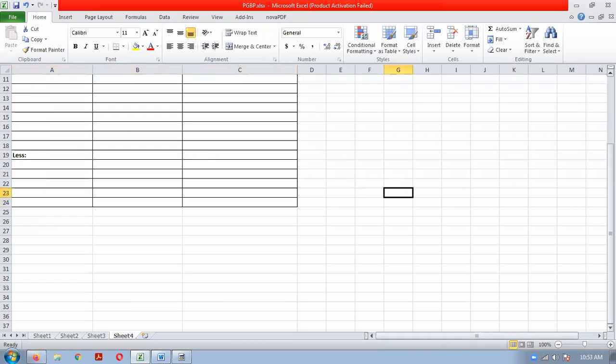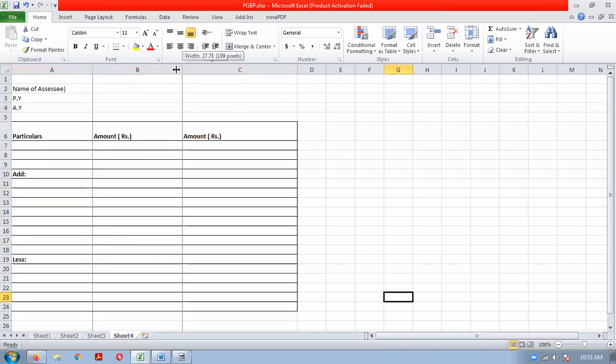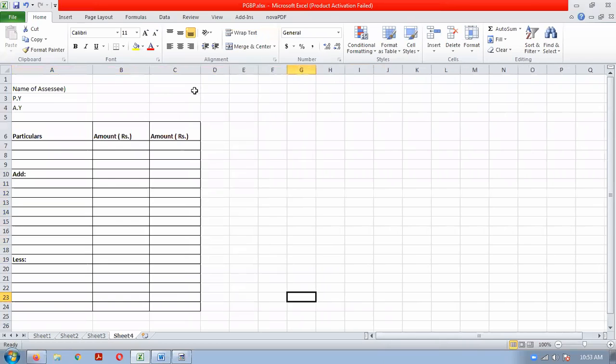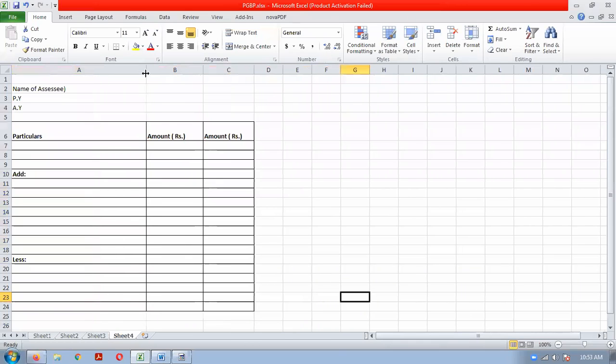Okay, so before starting, everybody make the format and keep ready with you so that we can start solving it. Name of the assessee, previous year, assessment year, particulars, amount. Okay, so keep the format ready in your notebook.